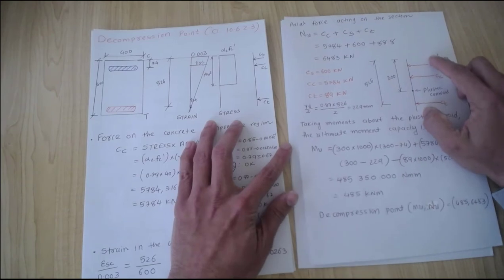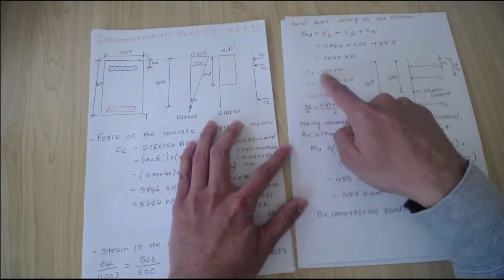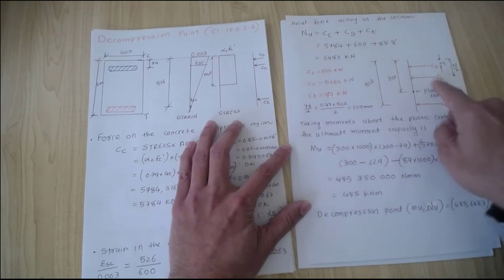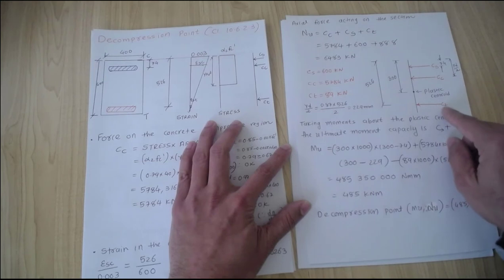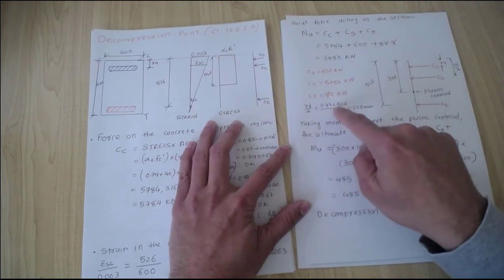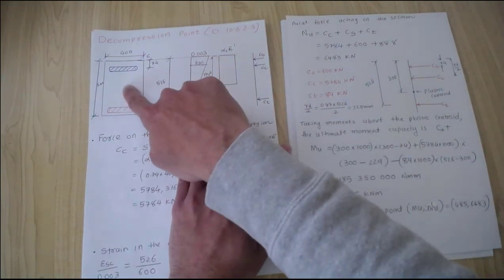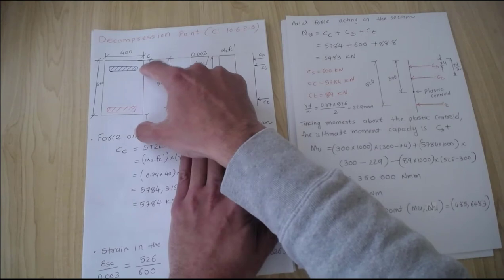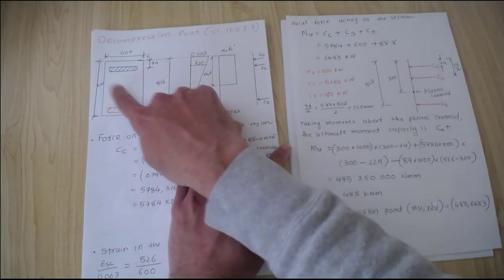So I draw this figure here, which is compression force CS. We calculated 600 kilonewtons. Compression force in the concrete we have calculated 5784, and the compression force in the tension reinforcement that we calculated, 89 kilonewtons. Now this is the plastic centroid. The plastic centroid is sitting here because this is a symmetric section, so we have the plastic centroid at the half.